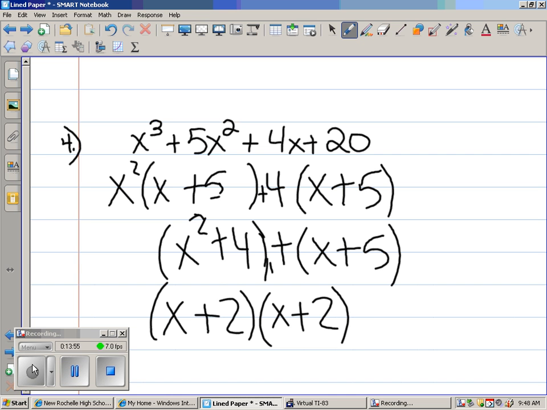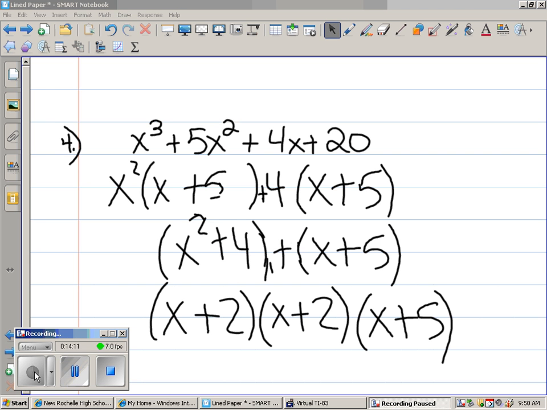No. X plus 5. Okay. Oh no. I'm gonna do it in red because it's what I got wrong. Minus 4.